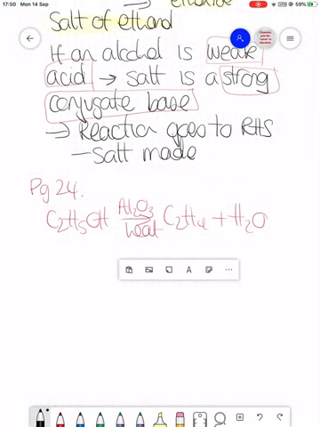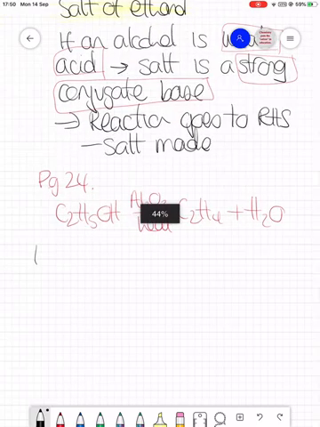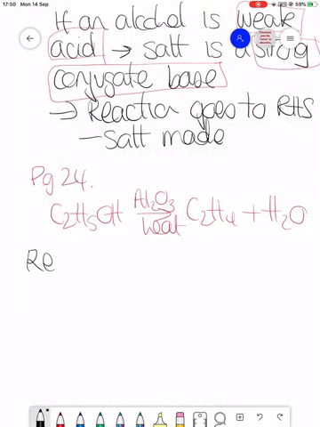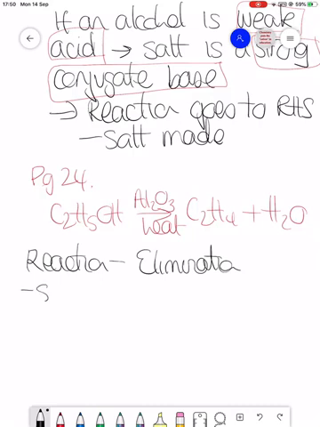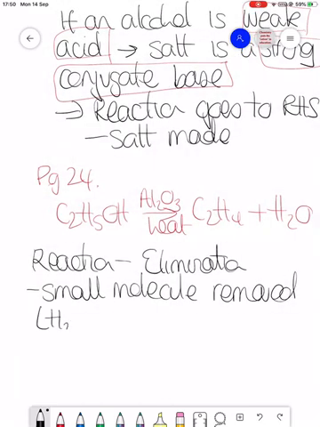What is this type of reaction? We did it when we made ethene. This reaction is what's called an elimination. What does that mean? It means that a small molecule is removed, usually water. And for the examples that we have on your course, that is the case. And there's the formation of something with a double bond.